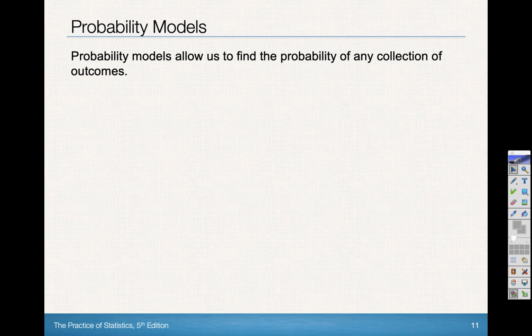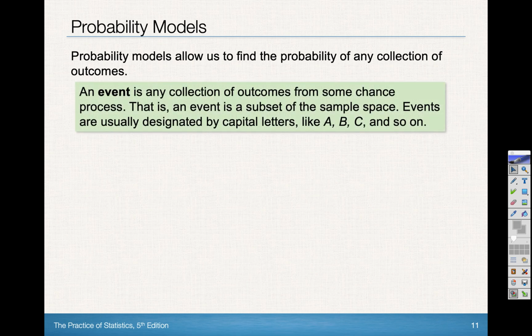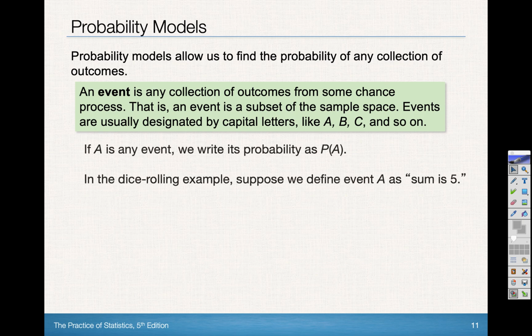Now, probability models allow us to find the probability of a collection of outcomes. And we look at this by looking at events. An event is a collection of outcomes from some chance process. We label events with capital letters like A, B, C, and D. So if I had an event and I called it event A, then P of A is the probability that event A occurs.